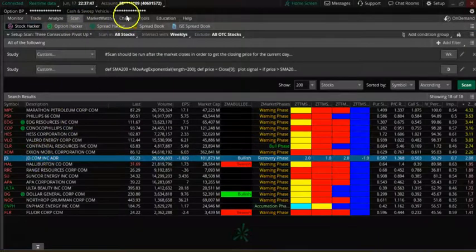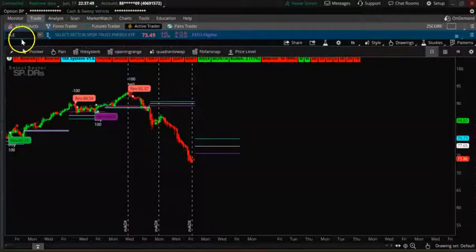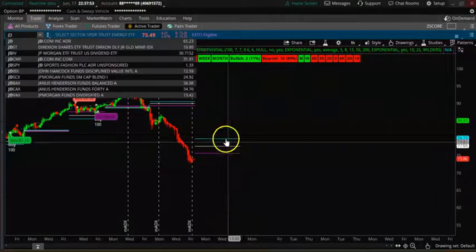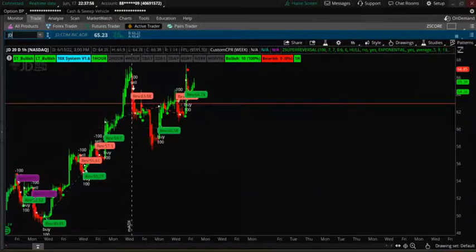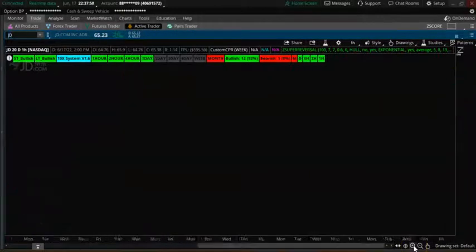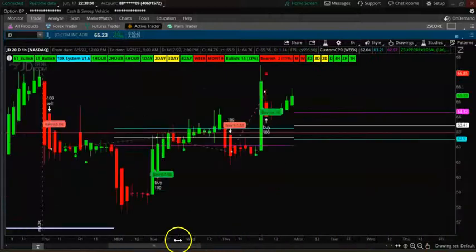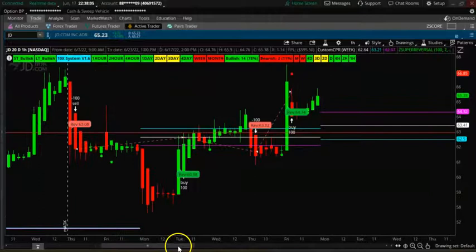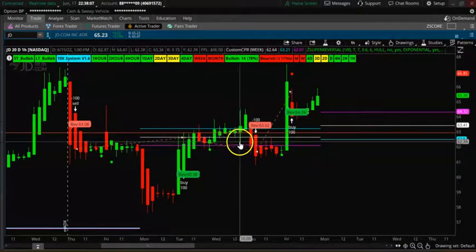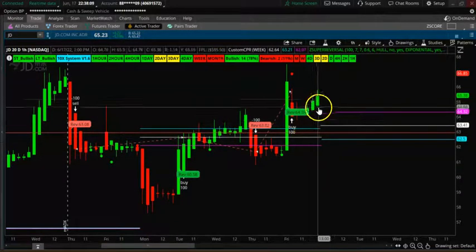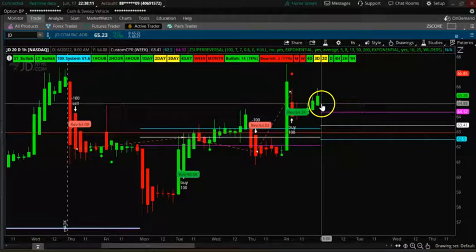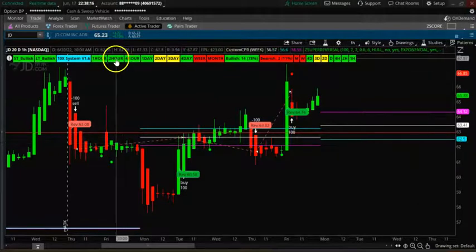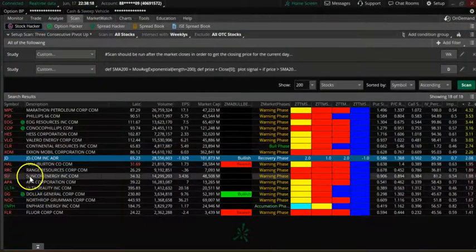So now let's look at JD. Okay, JD is a kind of good setup where you can see that the CPR is trending. You can see the first candle is open like that, right? So you want to wait for a similar candle and take the trade to the upside. Okay, now let's look at scan.